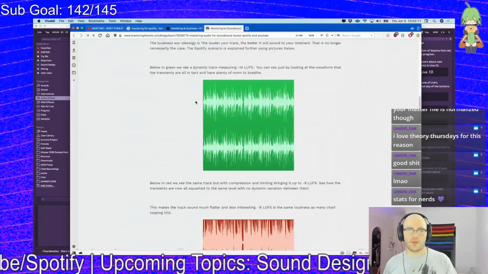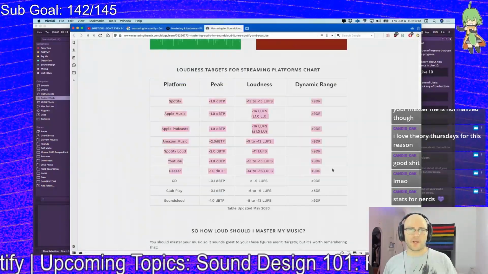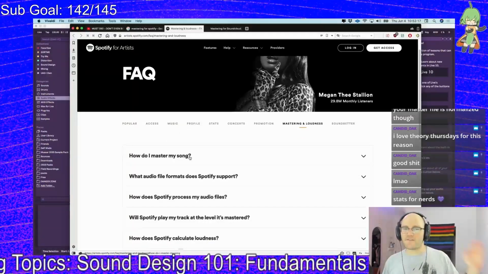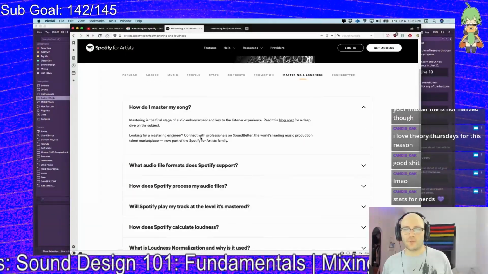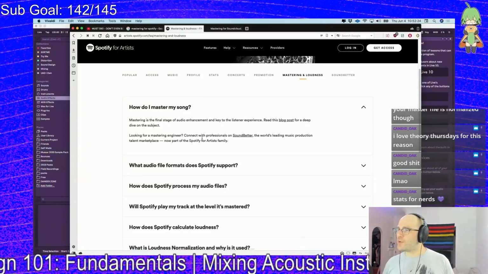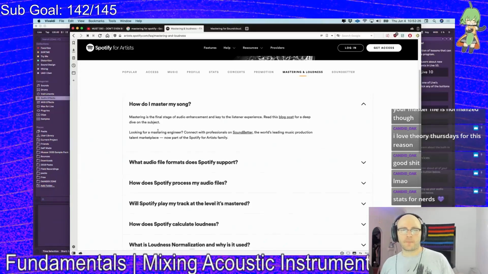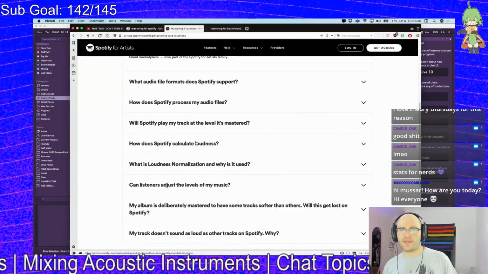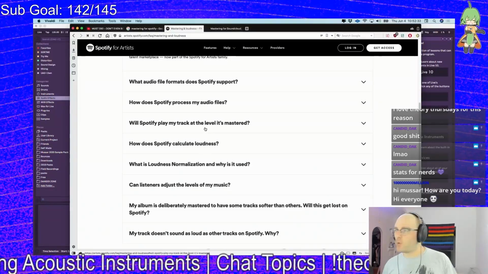Okay, cool. So here is Spotify's official FAQ in terms of how you are supposed to do this process. This will have some information that's useful, but these two are the important ones for us.